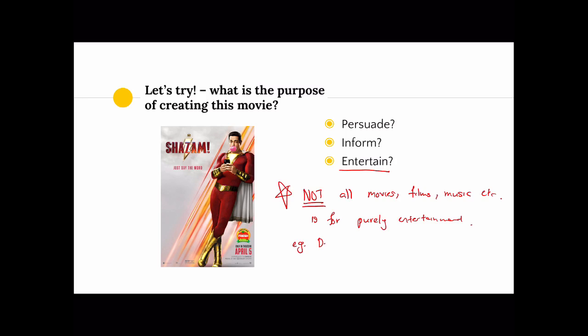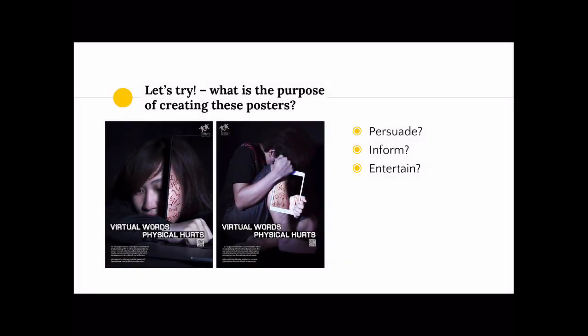For example, documentaries are sometimes made to inform. Sometimes they could be made to persuade people about a certain message. For example, a documentary about recycling could be made to convince people of why it is necessary to recycle so that people will start. This is something you will need to take note of when you are examining historical sources or even for social studies.